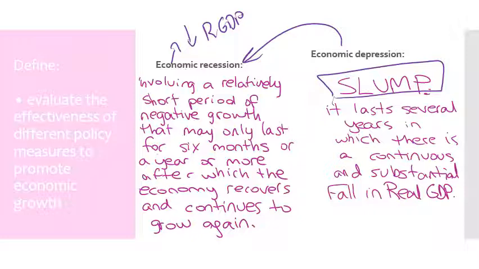So this is why I would say it lasts for several years in which there is a continuous fall in the real GDP, so the economy is not experiencing any growth. Since we are talking about the recession, we will be discussing what economic policy the economy should be using to fight off a recession or to start experiencing economic growth again.